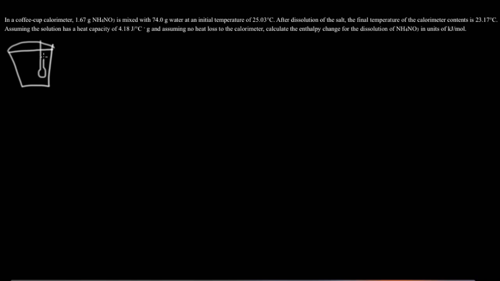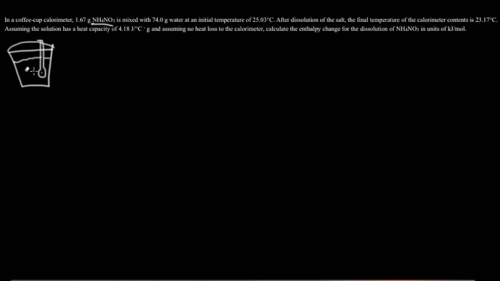So this is a coffee cup calorimeter problem. And basically what a coffee cup calorimeter is, it's an enclosed coffee cup with a thermometer, some water, and a reaction. In this case, it's NH4NO3, which is reacting. So for these kind of problems, we use another formula that goes like this.